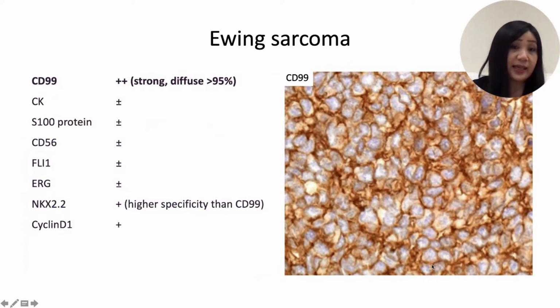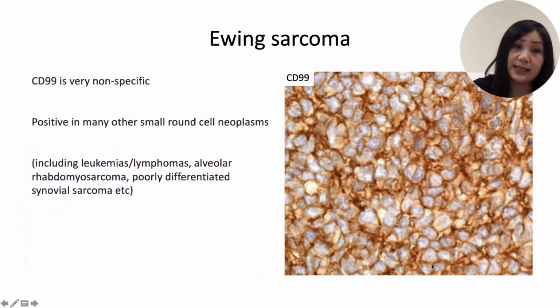Typically, CD99 is diffuse and strong, so extremely diffuse and strong in the membrane of the cell, and then again a very heterogeneous immunophenotypic pattern. So 25%. Back to CD99, very non-specific. It can be positive in many other small round cell neoplasms. So we do not use it as a diagnostic factor.